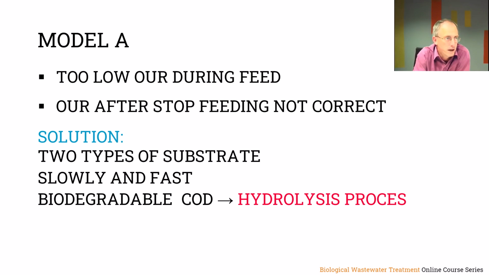And the rationale behind it is that you probably have starch, proteins, polysaccharides. They cannot be degraded right away. They have to be split into small molecules, small sugars and amino acids, and only then become available. And obviously this hydrolytic process is a slow process.